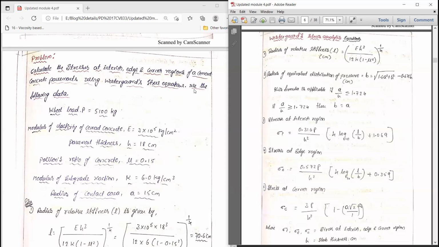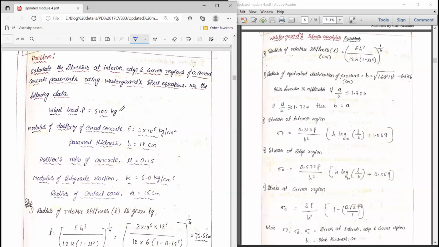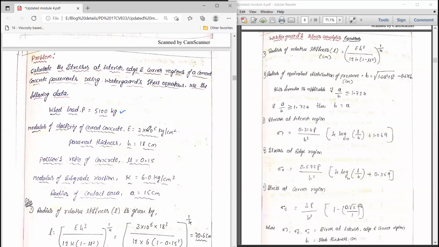Use the following data. That means in this problem, certain data is given. For that data, you have to calculate the stress encountered at the interior, edge and corner region of cement concrete pavement. This is the data given. The wheel load acting on the pavement is 5100 kg.